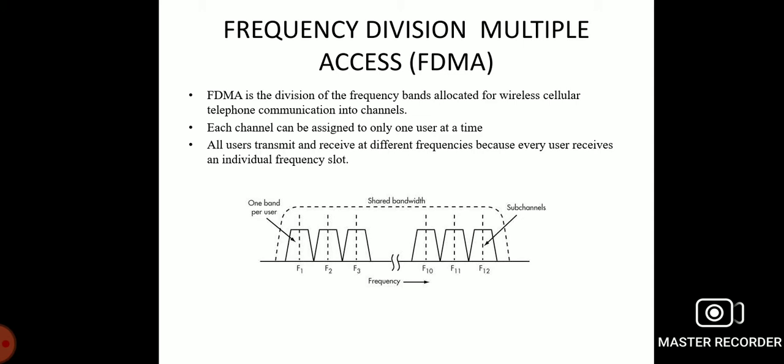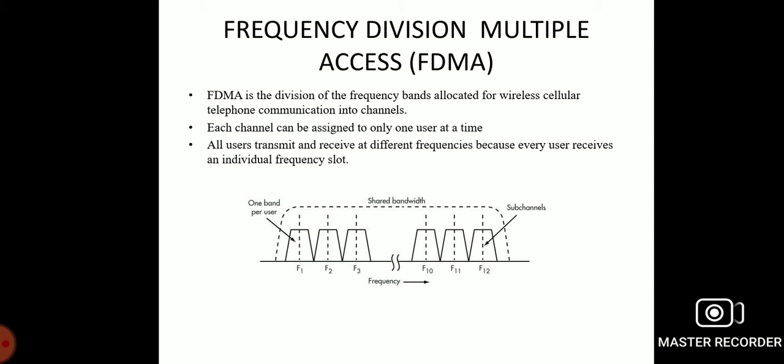A duplex device is kept in the mobile unit and base station unit for enabling simultaneous conversation. For example, the separation in frequency between the forward and reverse channel is constant for the entire system, across all the channels.